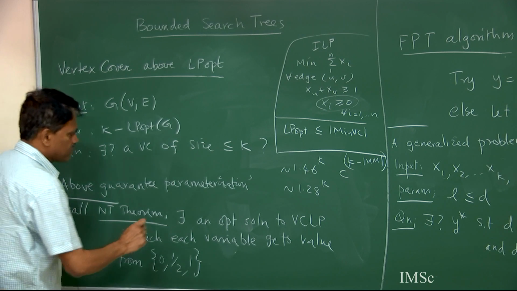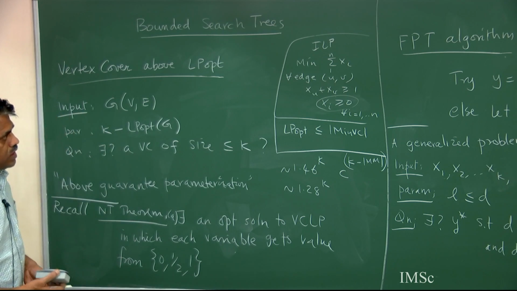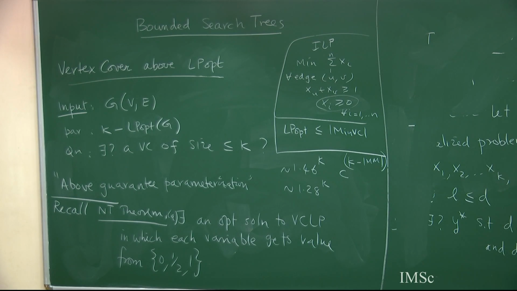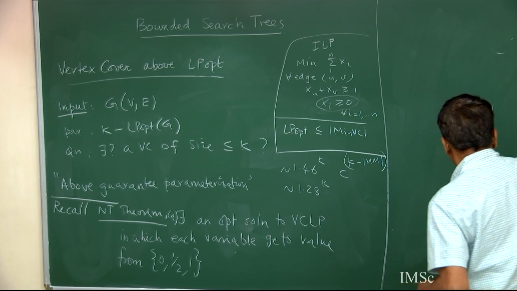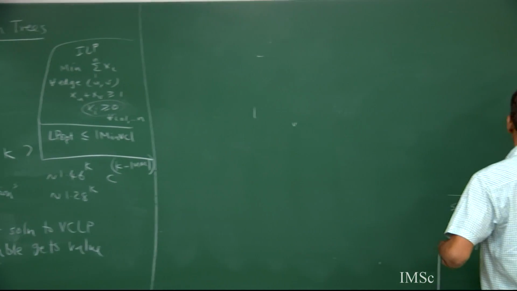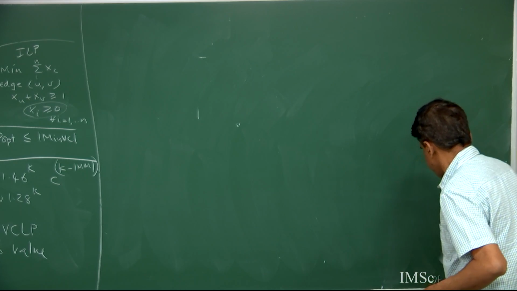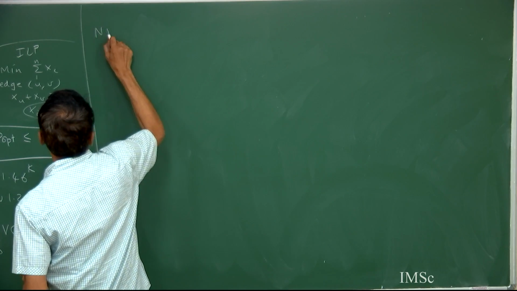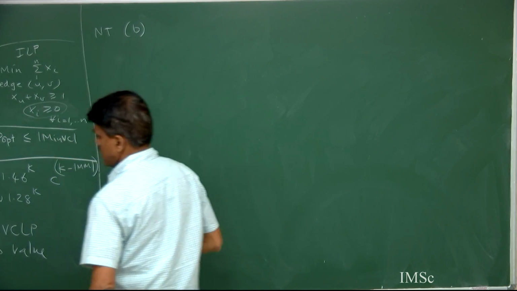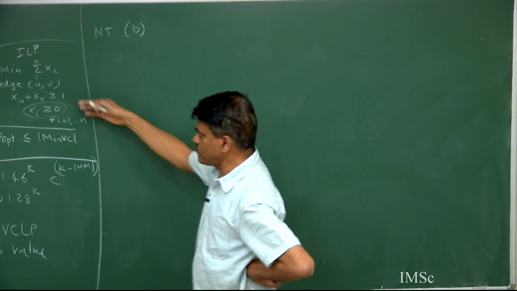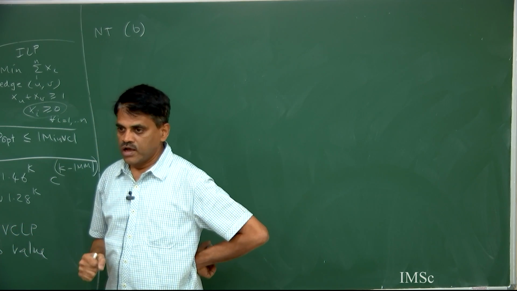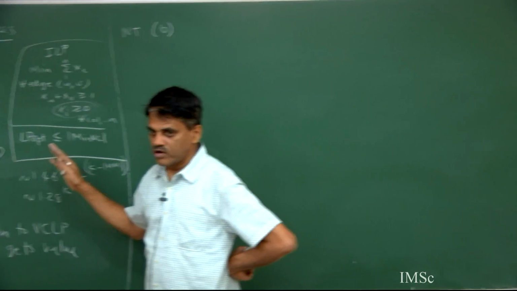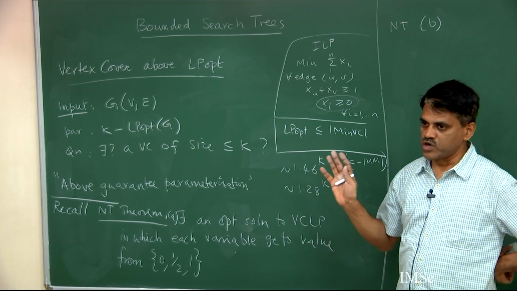This is one part of the Nemhauser-Trotter theorem. The other part, if you remember, is that once I solve the LP and get my 0, half, 1 solutions, without loss of generality, you can collect into your vertex cover all vertices which get 1 and throw away all those which get 0.